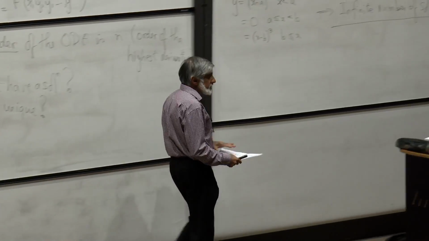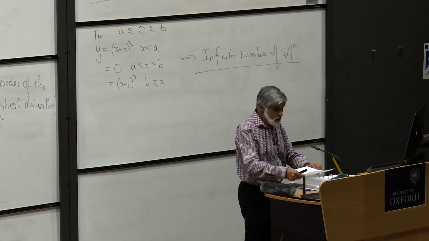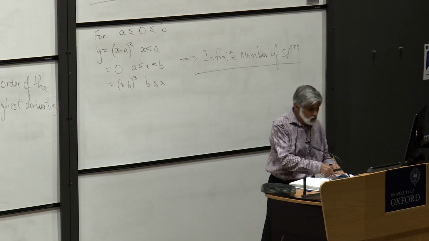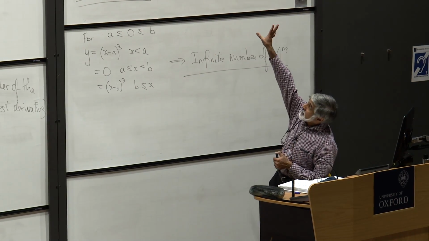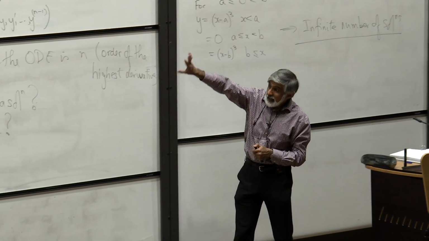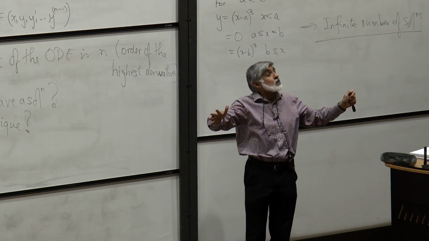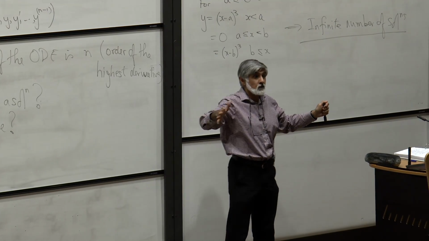So that's where we need to figure out what was so special about these right-hand sides and the initial value so that things didn't work the way we would like them to work.